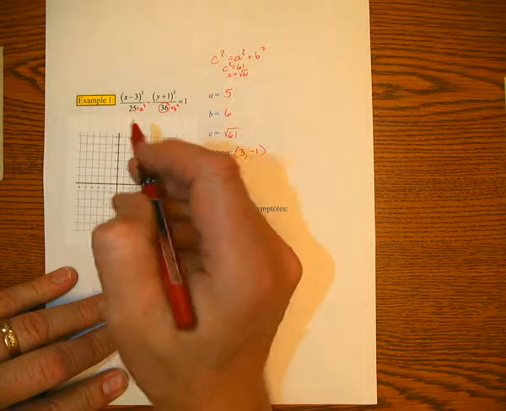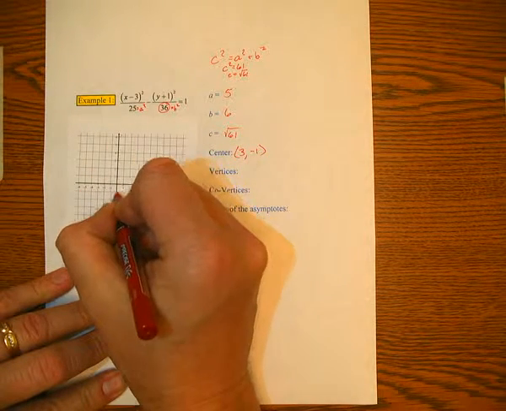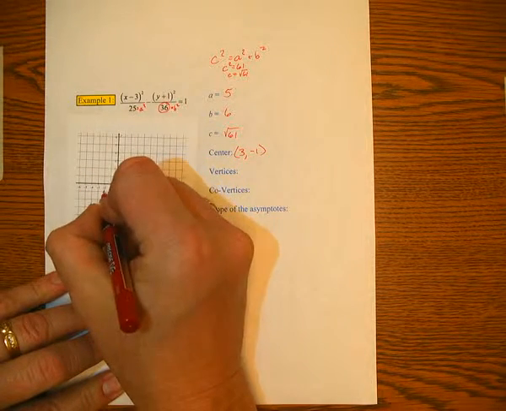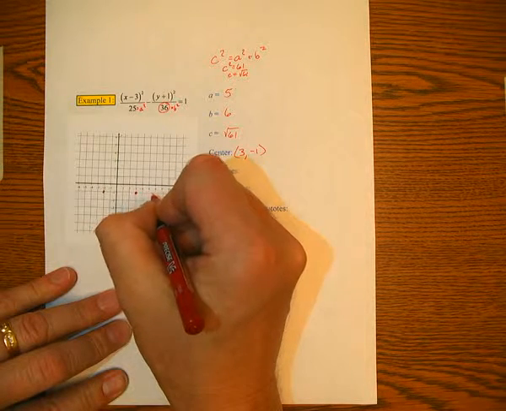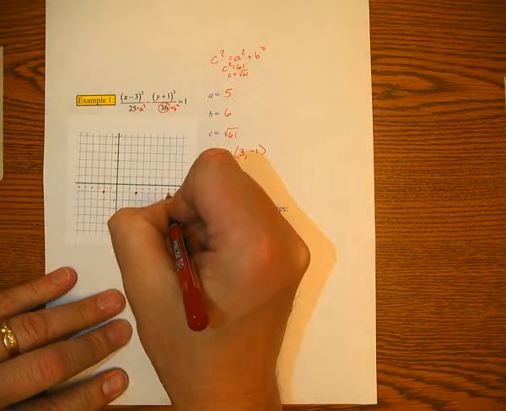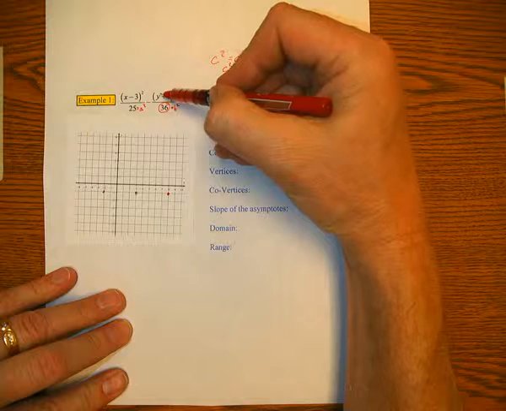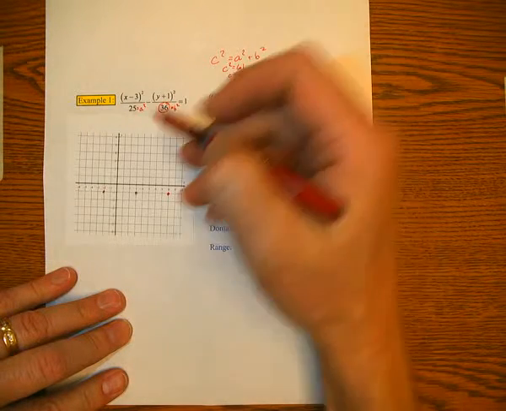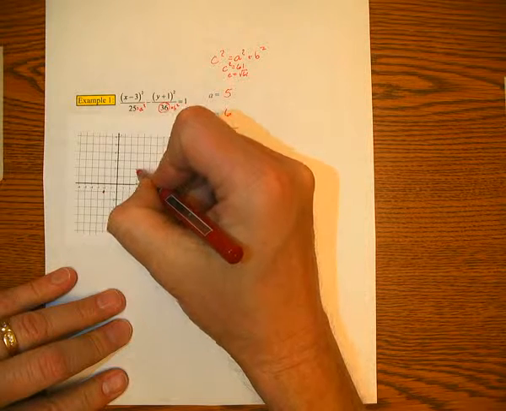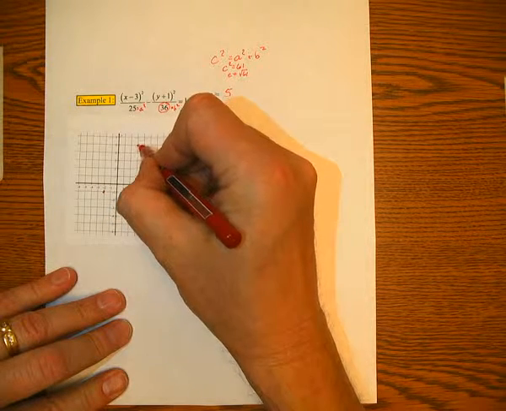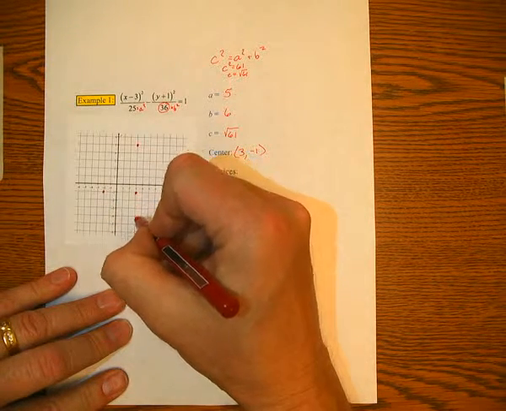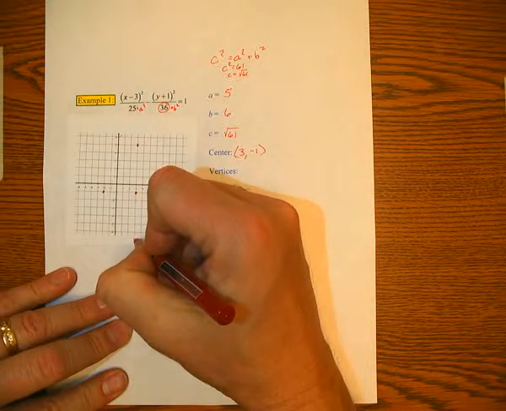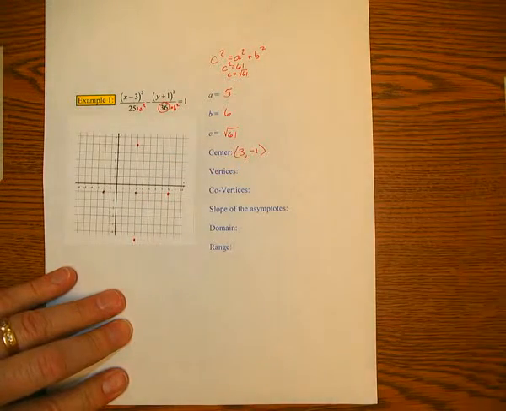So 1, 2, 3, 4, 5 to the left, 1, 2, 3, 4, 5 to the right. In the Y direction, you're going to go 6 units, because 6 is the B value. So 1, 2, 3, 4, 5, 6 up, 1, 2, 3, 4, 5, 6 down here.